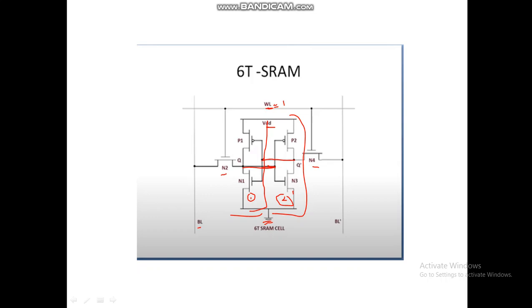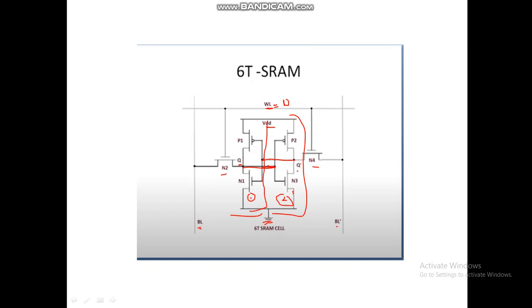And when the word line is 0, whatever data is present in the SRAM, we will get at the output. So Q and Q bar are the outputs, and bit line and bit line bar are the data. This is the working of the SRAM.